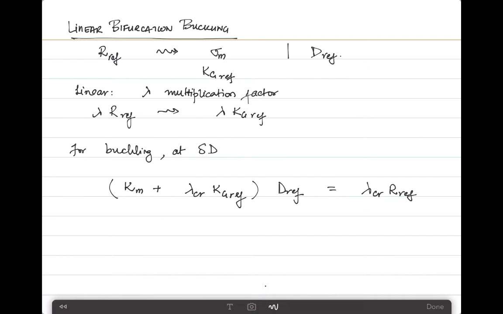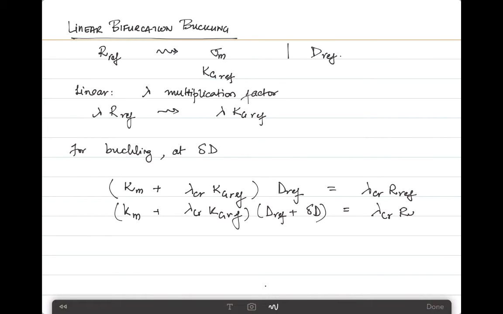Now when buckling, when the displacement is applied, everything else remains unchanged except that D ref has an extra displacement delta D attached to it.